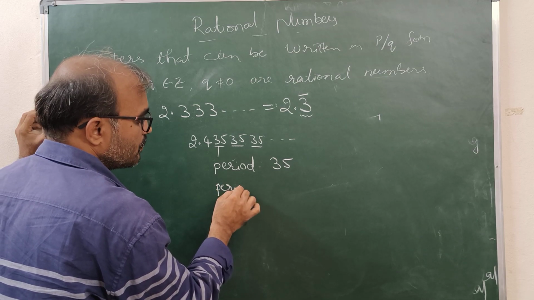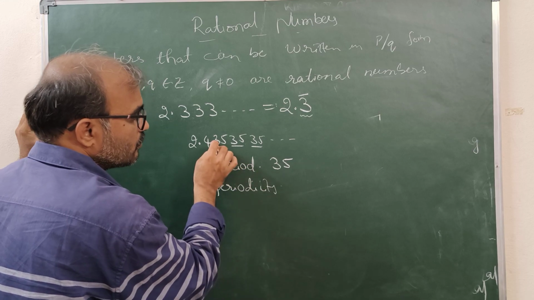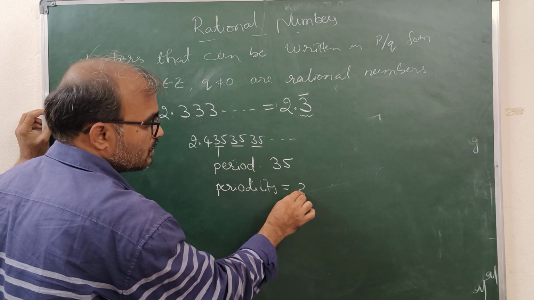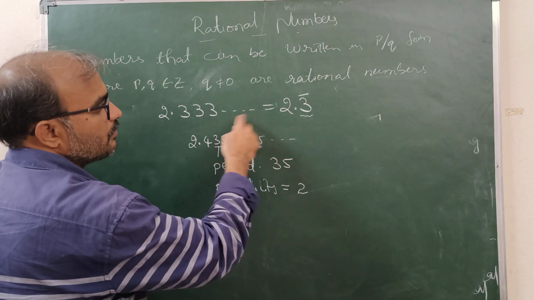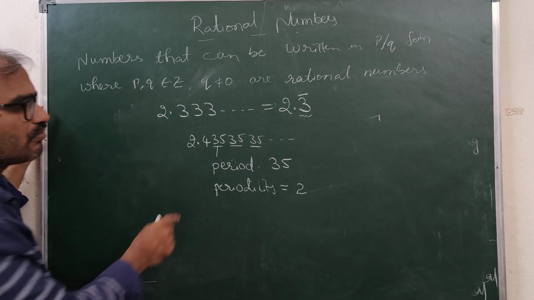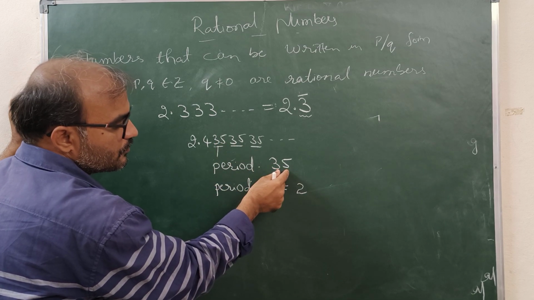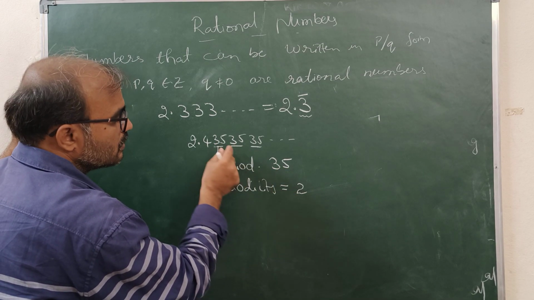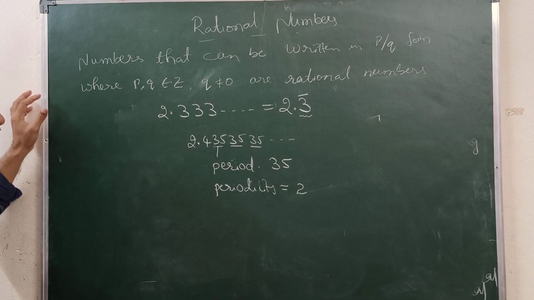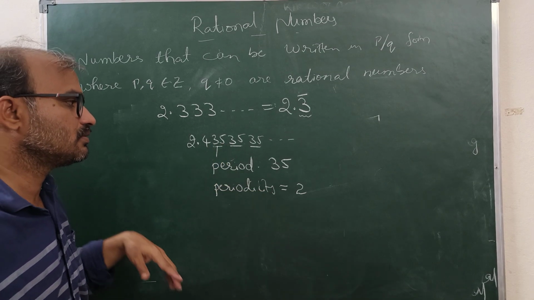Periodicity is the number of digits. How many digits are there here? 2 digits, so periodicity is 2. In the earlier case, the period is 3 and periodicity is 1. So the group of digits in the repeating part is the period, and periodicity is the number of digits in that group.